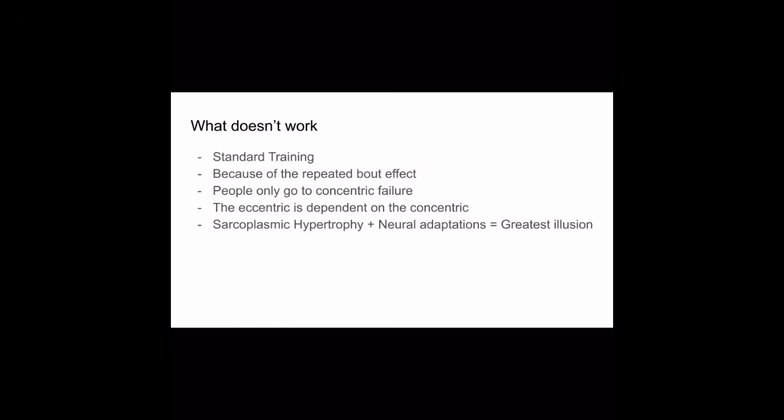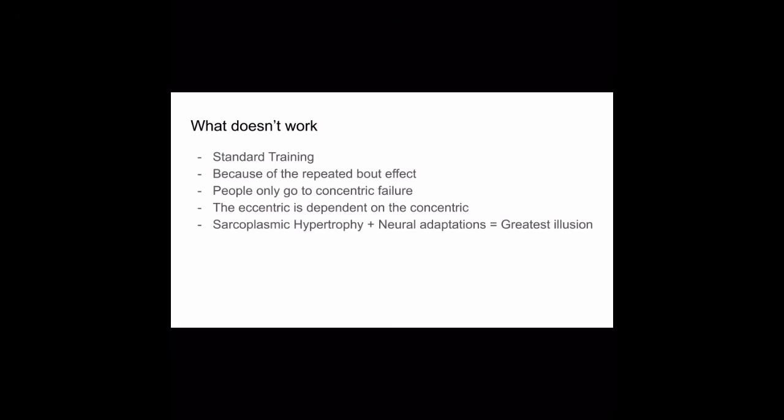Because the training is too frivolous, because everybody's basing it off of concentric failure, when in fact your eccentric can handle more reps and more weight in with the load. Okay, so your eccentric is going to be dependent on the concentric when it comes to standard training.